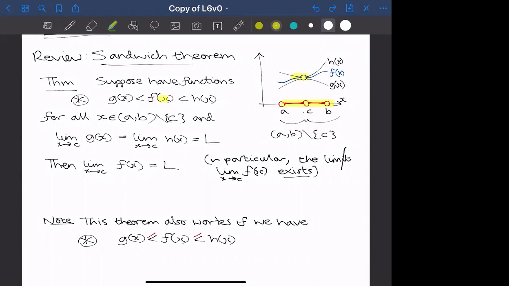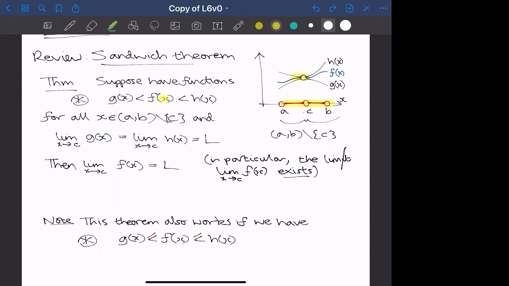So g(x) is less than f(x) is less than h(x) for all x in the domain, which is this red thing, the open interval (a, b) with the point c removed. And if we assume that the limits of g and h both exist and are equal to some number L, then the sandwich theorem tells us that the limit of f(x) also exists and it equals L.